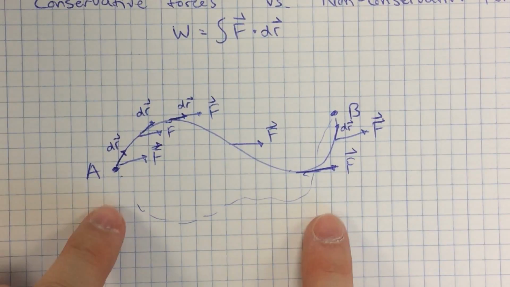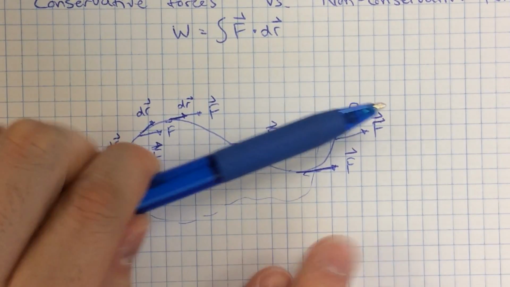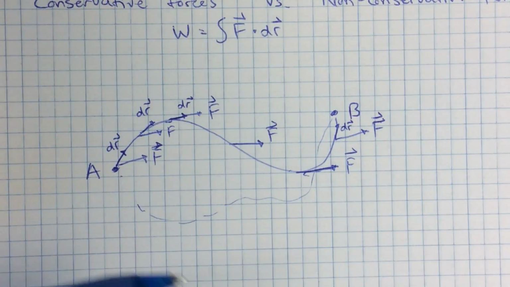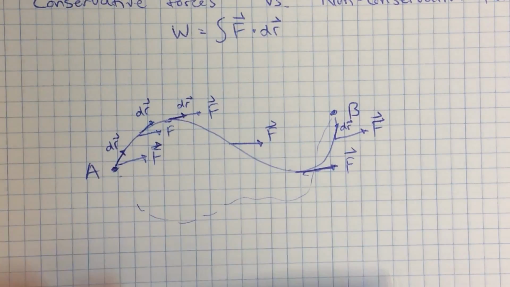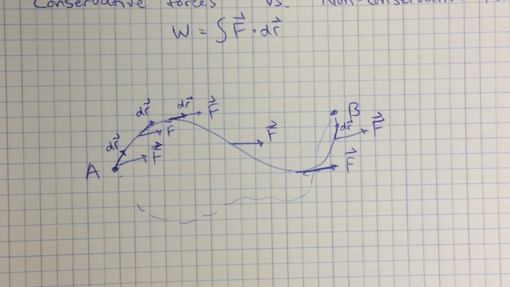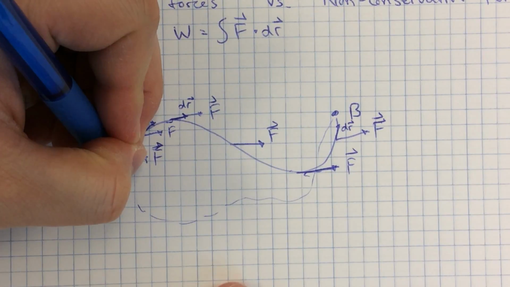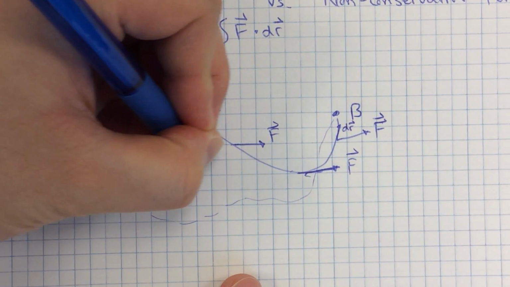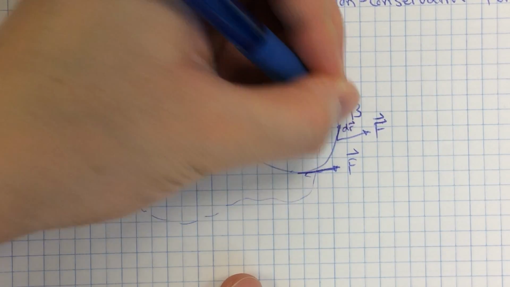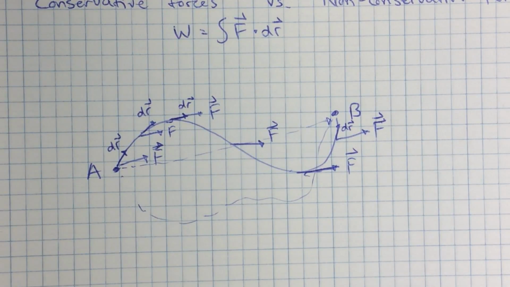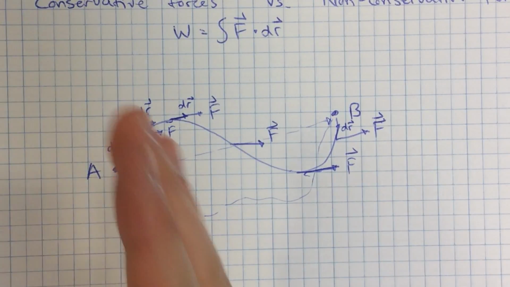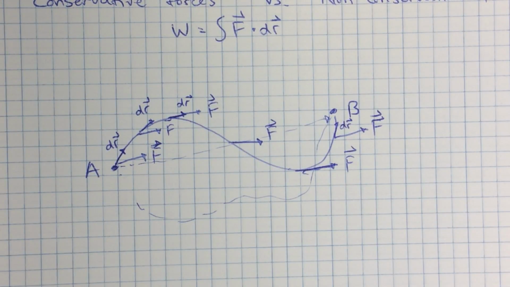Really, if we specify that it's always pushing along the line from A to B, when it goes up, it will effectively have the same result as if it just went in a straight line. The work done by F will not really differ whether it went in a curved path or went straight from here to here, because it's only the part that's pointing in this direction that's adding work anyway.